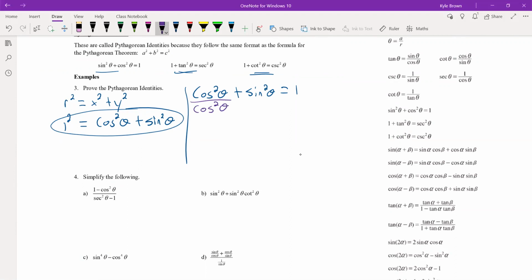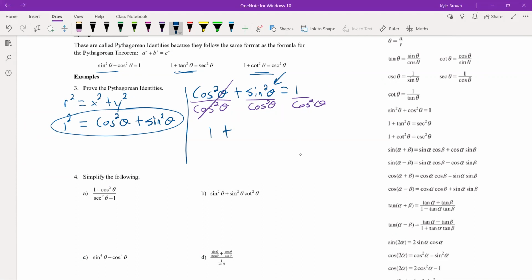So divide each term. So cos squared theta, and divide this by cos squared theta. Okay, so if I simplify this now, we've got cos squared theta over cos squared theta. They cancel, but really you've still got 1. So that's 1 plus, and now looking at this, sine squared theta over cos squared theta.